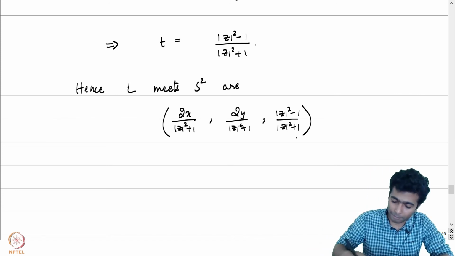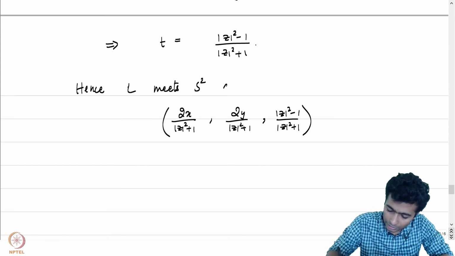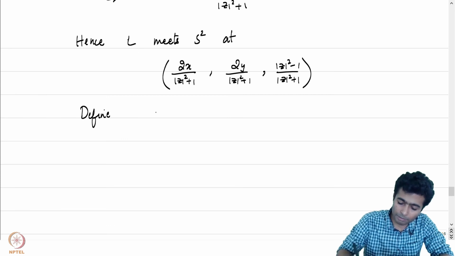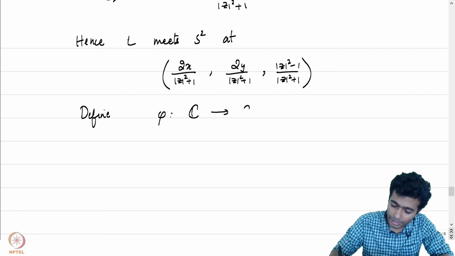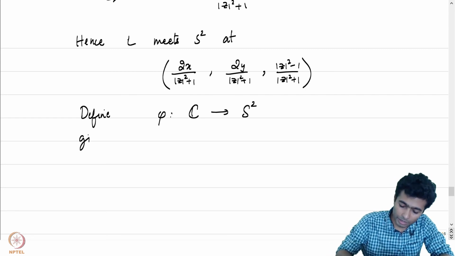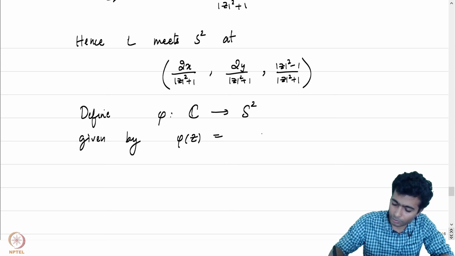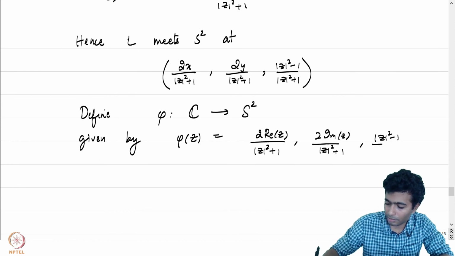So let's define a map phi from C into S2 given by phi of z is equal to 2 times real part of z by mod z square plus 1, 2 times the imaginary part of z by mod z square plus 1, and mod z square minus 1 by mod z square plus 1.